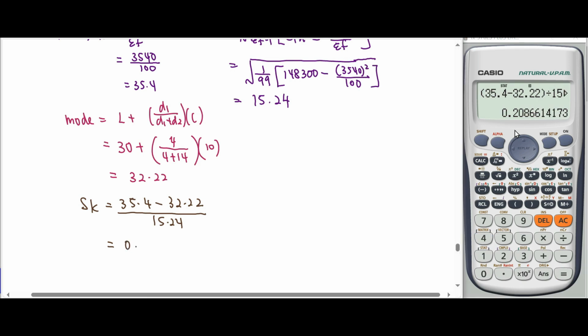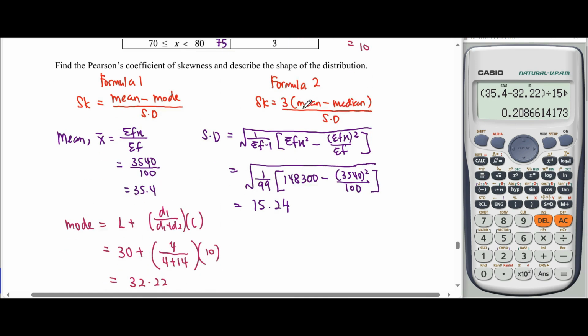So here we have 0.2086. I round off become 0.209. Make sure our decimal here is more than or equal to 3 significant figures. So as we get this Pearson coefficient in a positive number, what can we say about the distribution here?